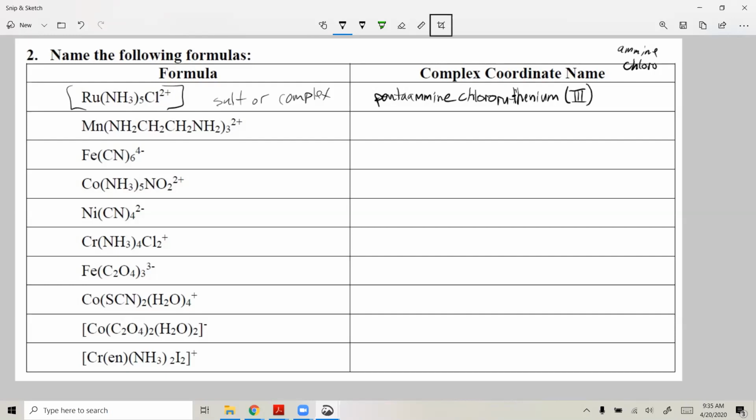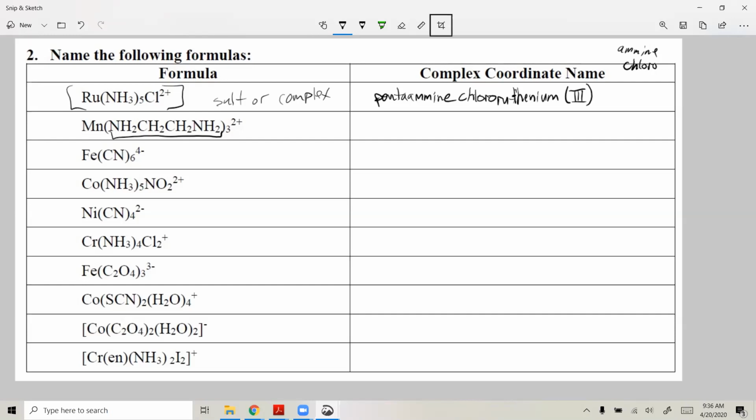Looking at our next one, we can go ahead and start to piece those together as well. Now, this might be something you haven't seen before. What do you think the name of that one is?